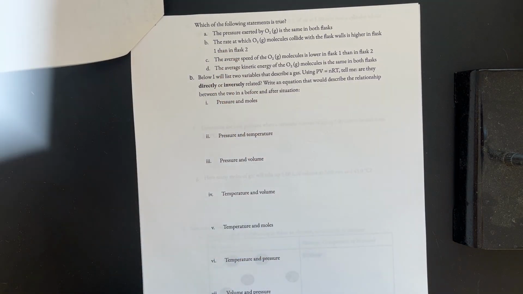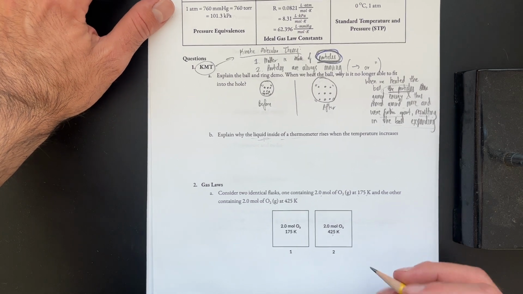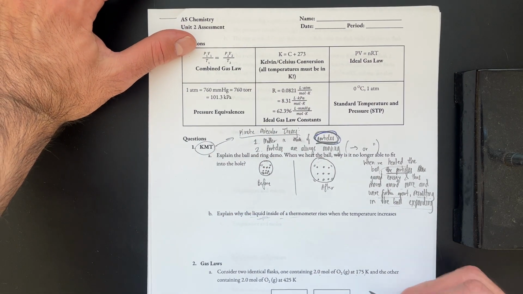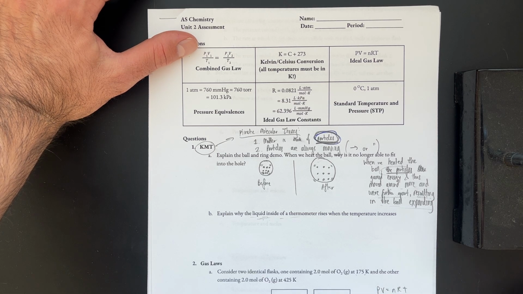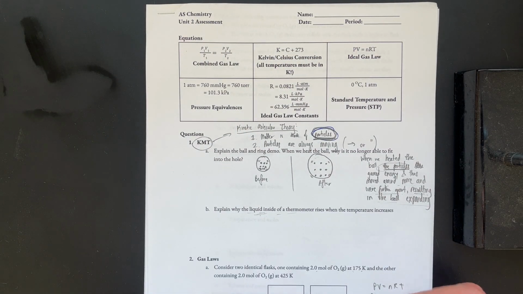But before we read these answer choices, let's consider, what's going to happen here? We know that PV is equal to nRT, right? And so if PV is equal to nRT, the relationship between pressure and temperature is going to be direct.